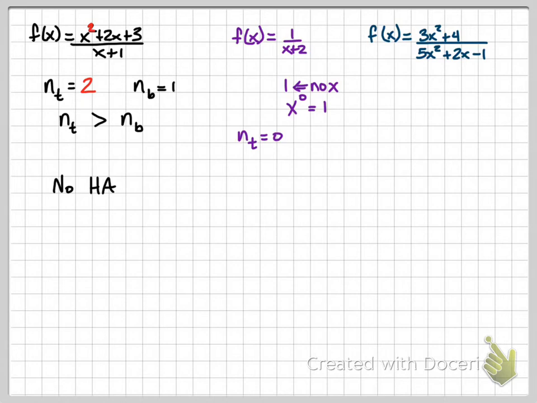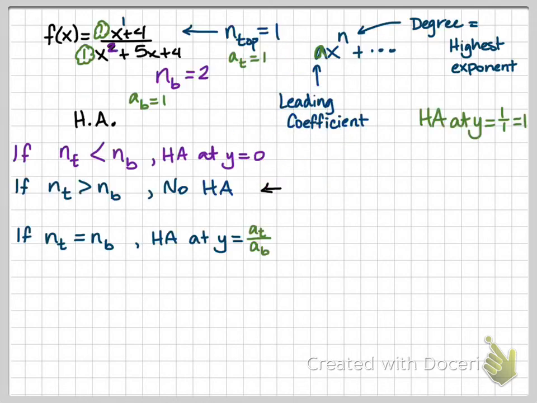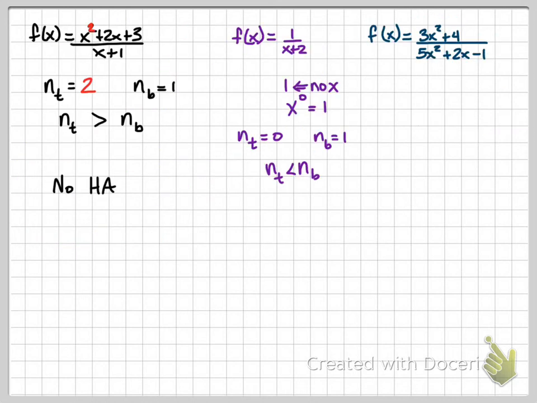For the bottom, we just have an x, so the degree of the bottom is a 1. In this case, the degree of the top is less than the degree of the bottom. If we refer back to our rules, that's this top one in purple. So we do have a horizontal asymptote, and it is the x-axis, at y equals 0.